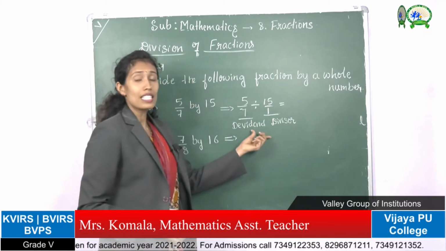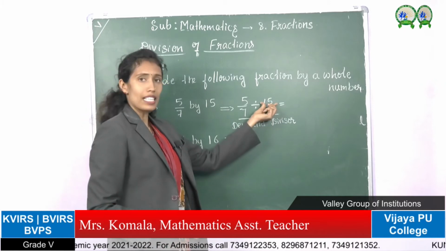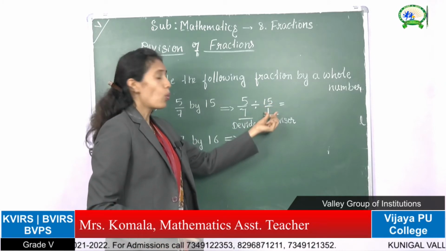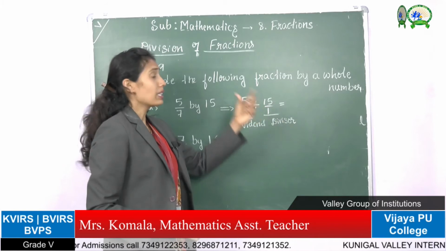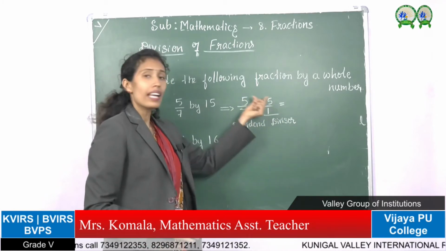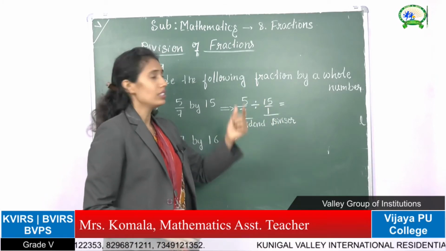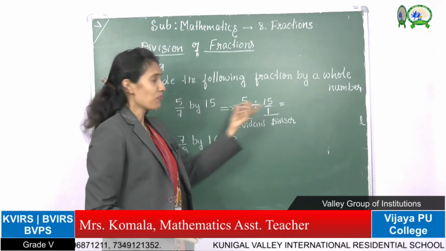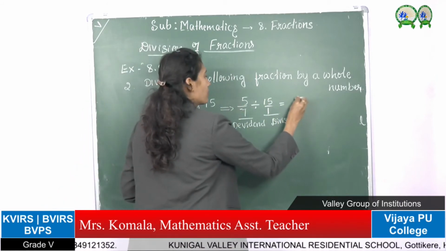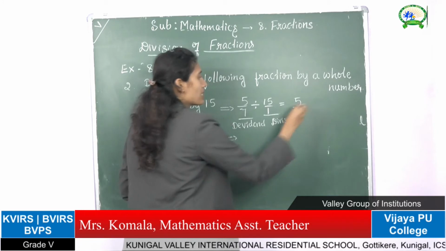So what is the reciprocal of the divisor? The reciprocal of the divisor is 1 by 15, and the product of the fraction and the reciprocal will be the quotient of this fraction. See, 5 by 7 will be the same.